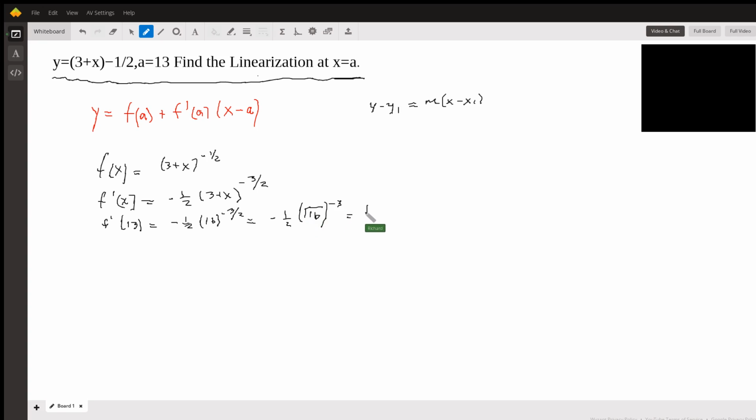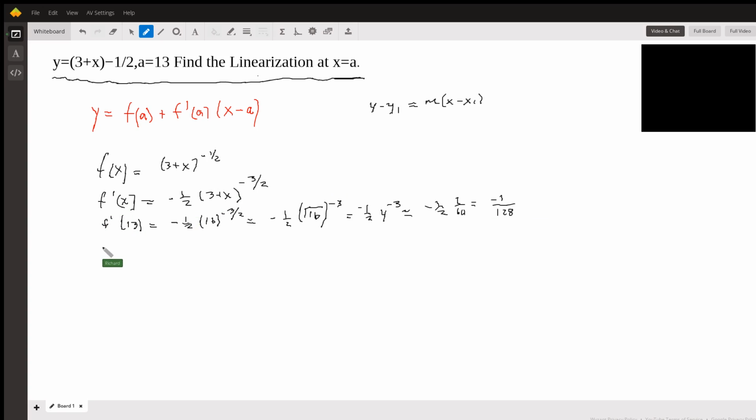So it's going to be negative 1/2 times 4 raised to the negative 3. That's 1 over 64. Negative 1/2 times 1 over 64, and so that's going to be negative 1 over 128. There we go. Okay, so that's f prime.